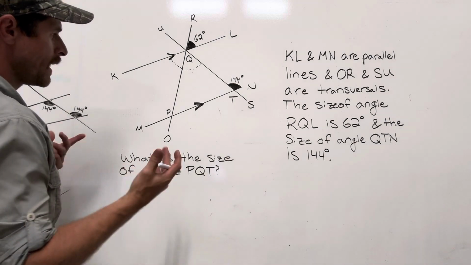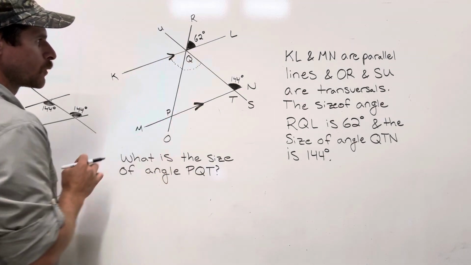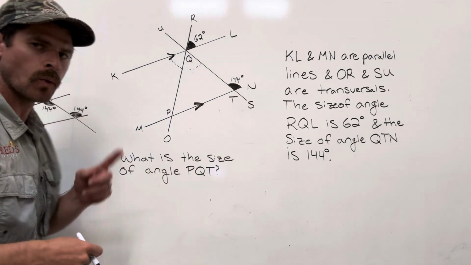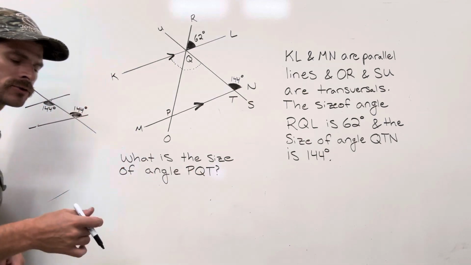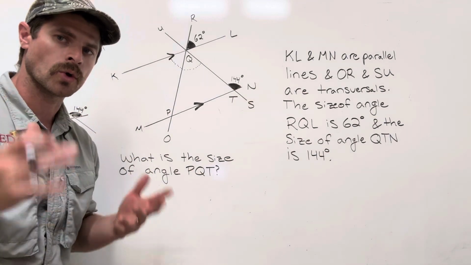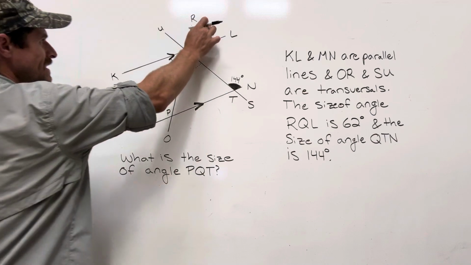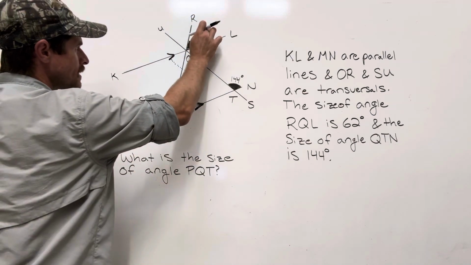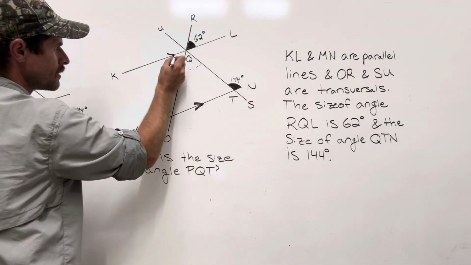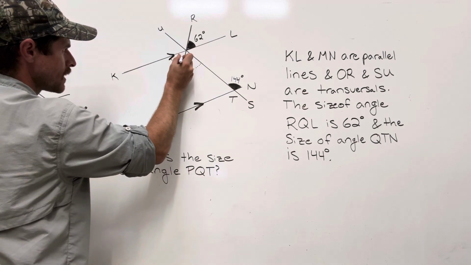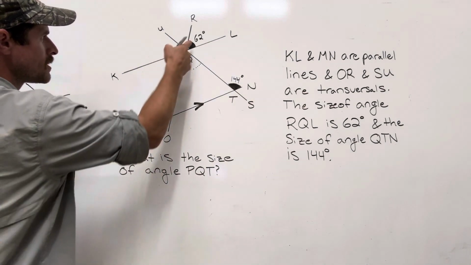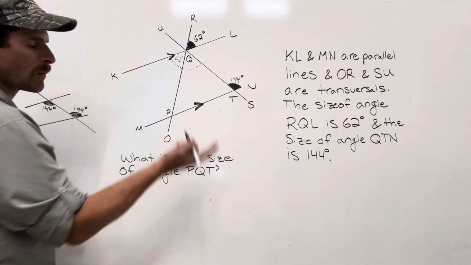Okay, so that's great knowing that the total is 144, but we'd have to know one more thing, and that's vertical angles are also going to be congruent. 62 degrees, we know that this right here is also 62 degrees. I can just fill that in right there because these angles here and here are what we call vertical angles.